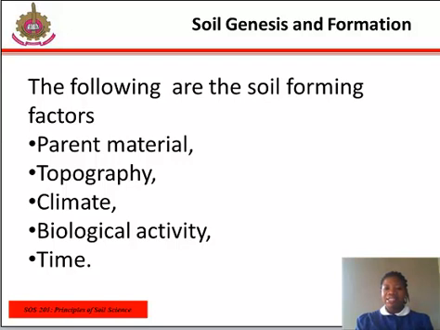Biological activity. Biological activity and climate are active forces in soil formation. Soil pedogenesis involves a variety of animals, plants, and microorganisms. Ants, earthworms, and burrowing animals, for example, mix more soil than do humans through plowing and construction.